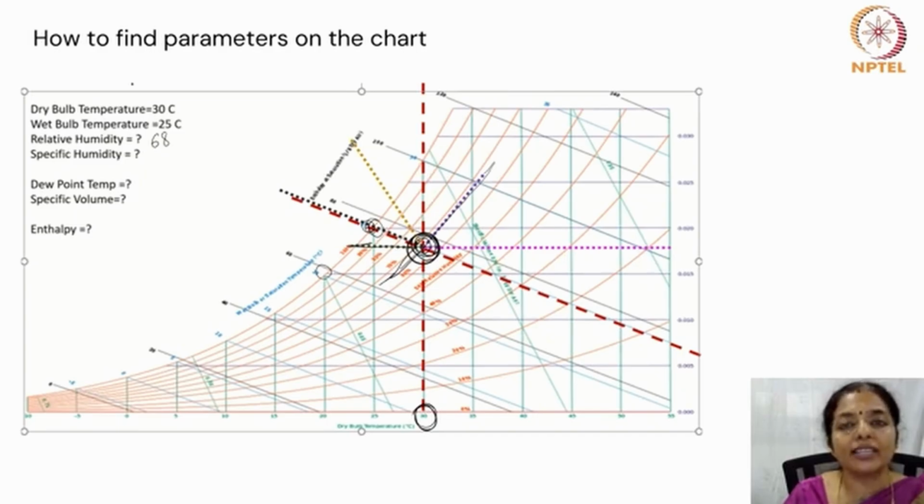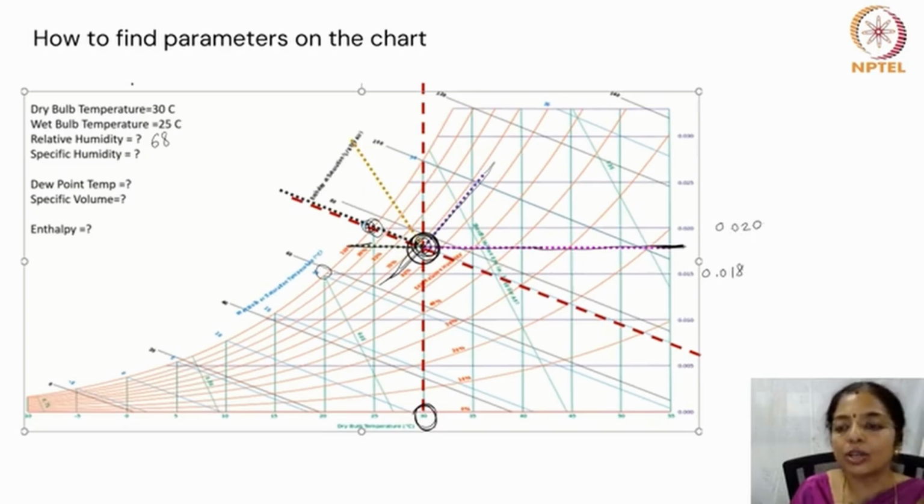Suppose you have to find the specific humidity. You draw a parallel line along the specific humidity line, like a horizontal line. That line should start from the intersection point till the end where the values are. From here you draw till the end. And this value lies between 0.015 and 0.020.